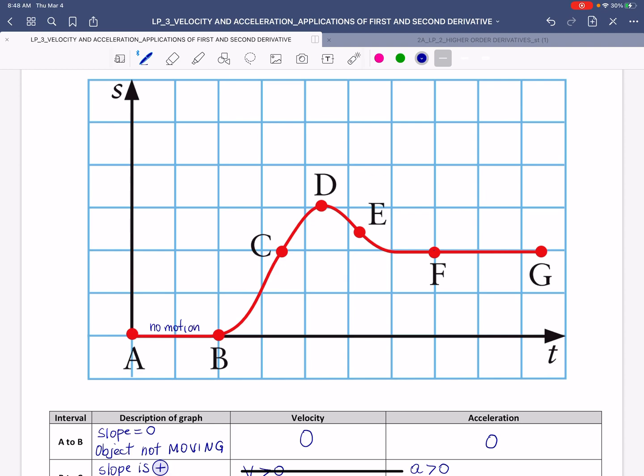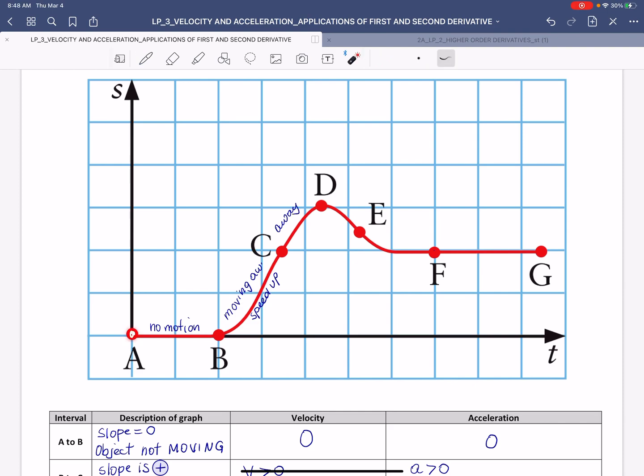Let's mark them. Okay, so moving away from the starting point, because the position of the object, as you can see, is getting away from home, and the object is also speeding up, because the velocity from 0 becomes more and more positive. Now from C to D, the object is still moving away from the initial point.